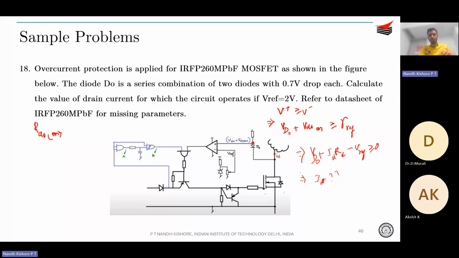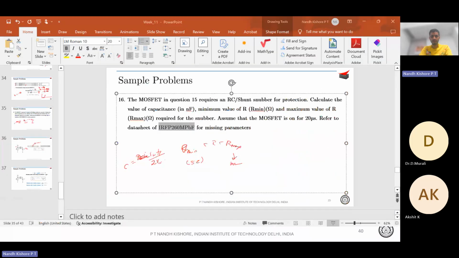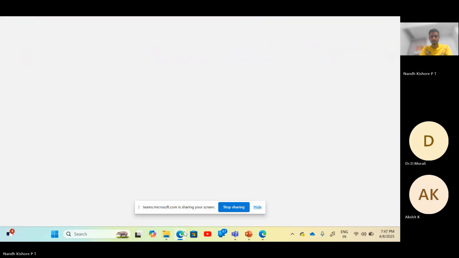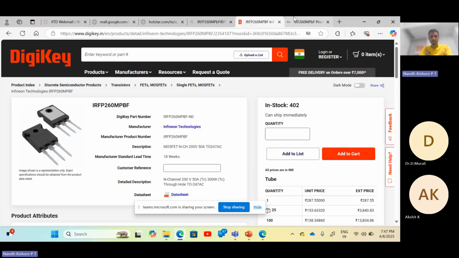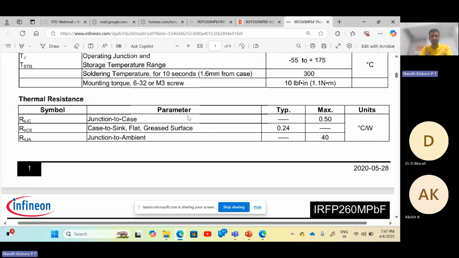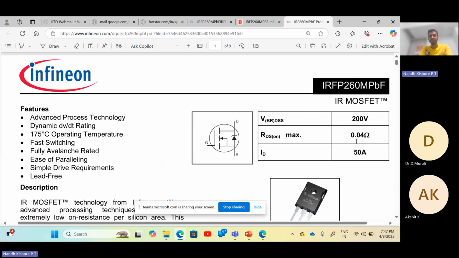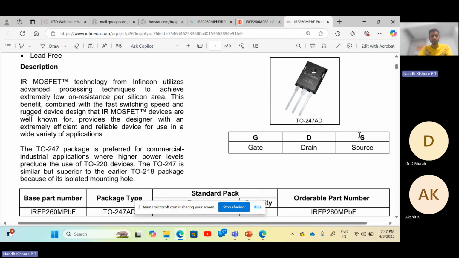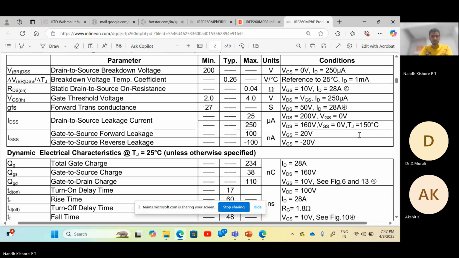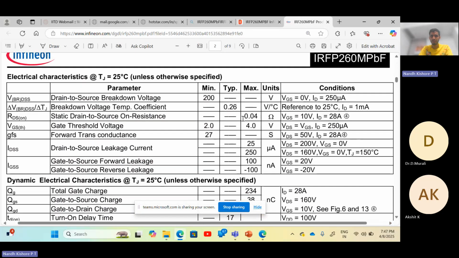Okay, so if you go back to the data sheet, we will go back to the data sheet. You can understand that RDS is given as 0.04 ohms, as highlighted over here, correct?